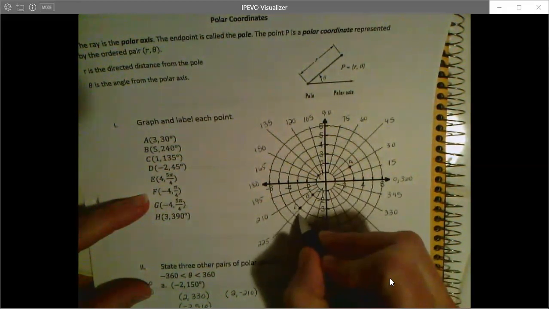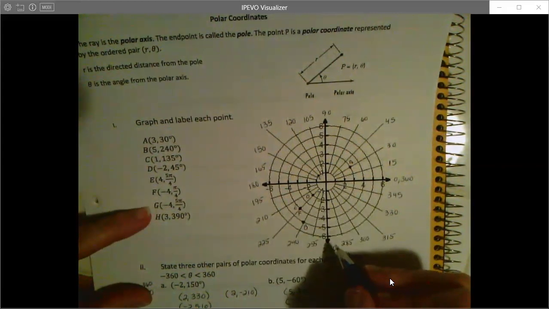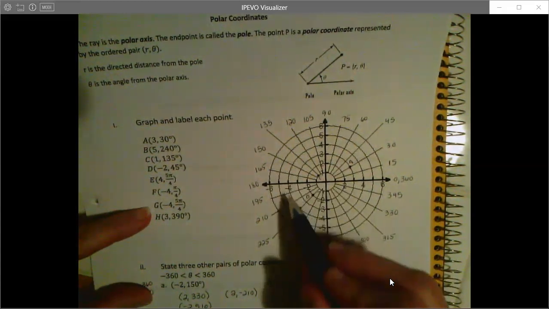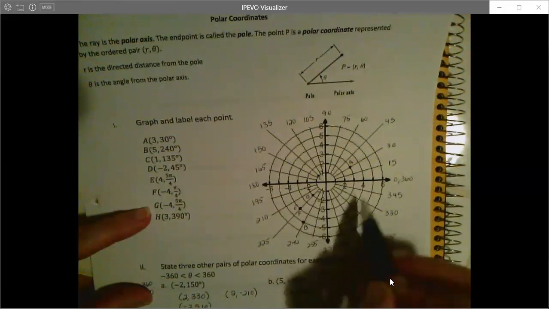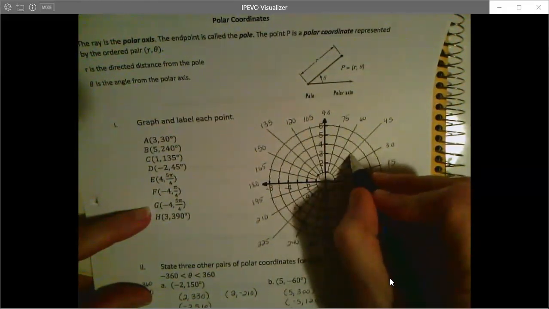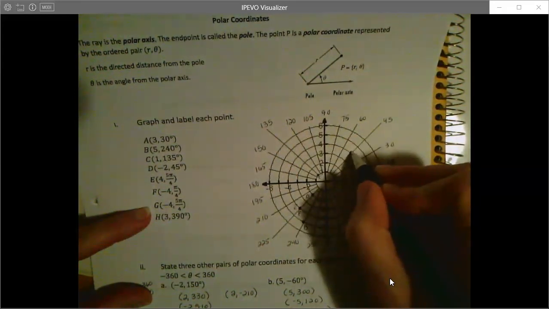This is the same point, so it's actually point F also. Negative 4, 5 pi over 4: 1 pi over 4, 2 pi over 4, 3 pi over 4, 4 pi over 4, 5 pi over 4, and I'm at negative 4, so that would be right here.